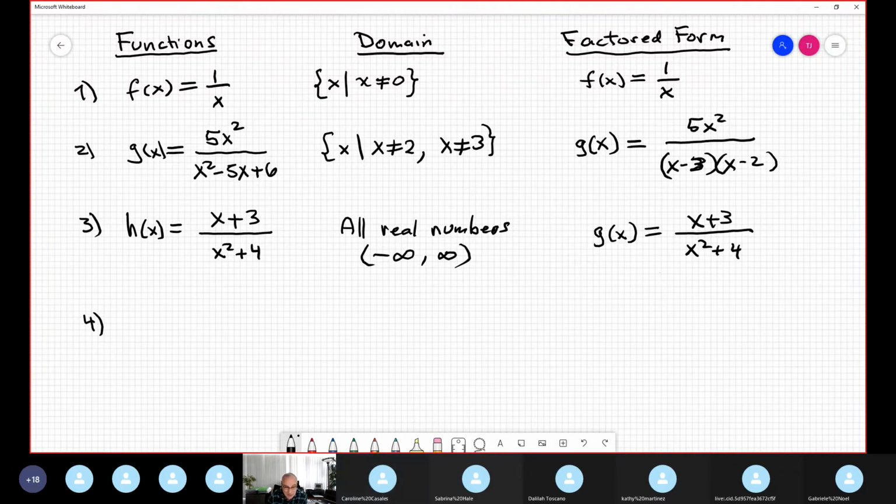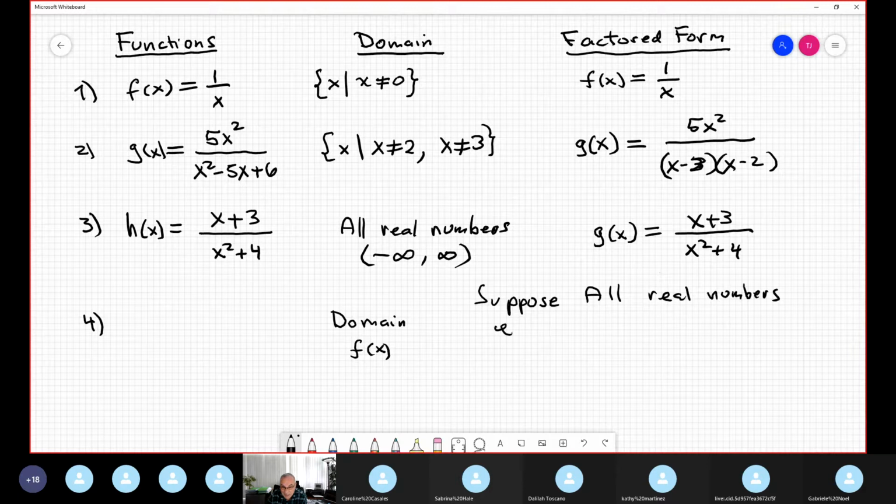What is the agreement for finding the domain for any function? One function is given. The agreement is you assume the domain is all real numbers, except restrictions. And we have restrictions in several situations.